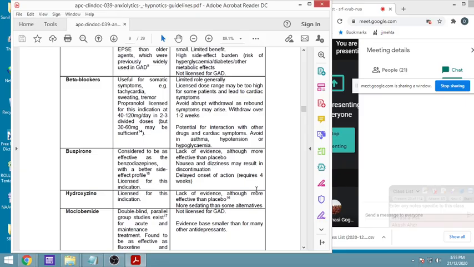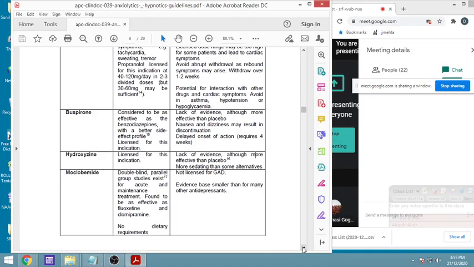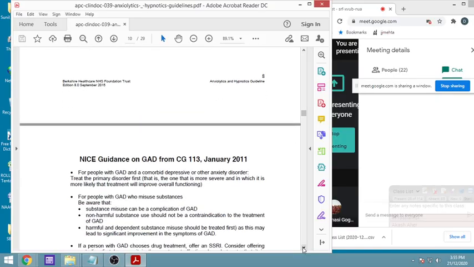Then moclobemide, that is what? An MAO inhibitor. It is not licensed for GAD. The evidence base is very small for many other antidepressants, and therefore it cannot be there. In whatever clinical trials it was checked, it was found to be as effective as fluoxetine and clomipramine, and accordingly it should be there.